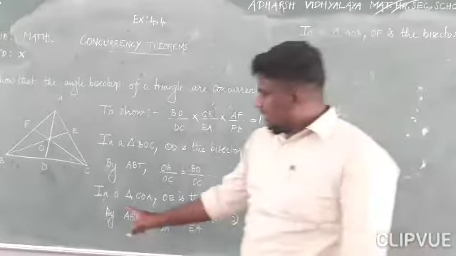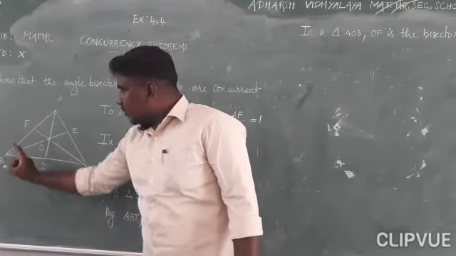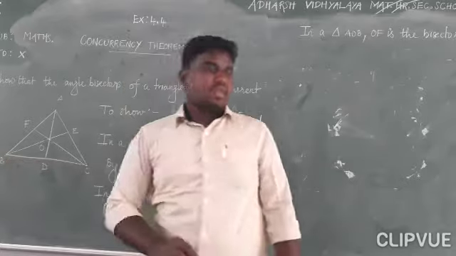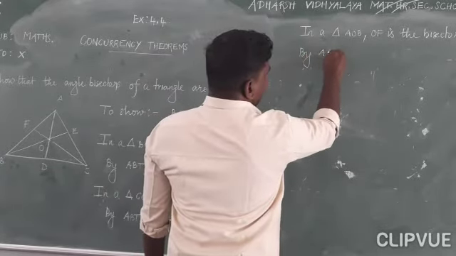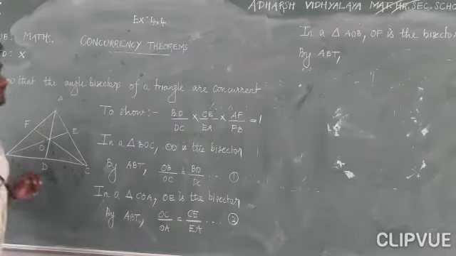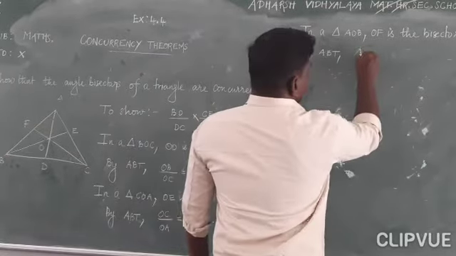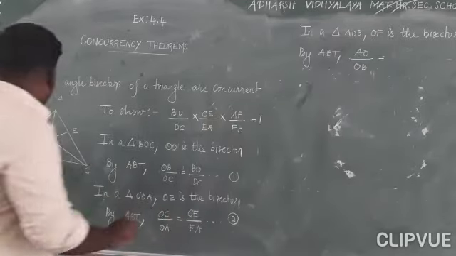So by using the angle bisector theorem, it can be written as AO by OB equal to AF by FB by ABT. AO by OB equal to AF by FB.